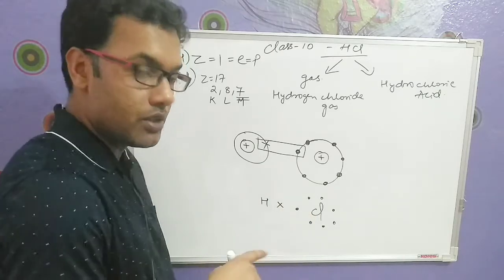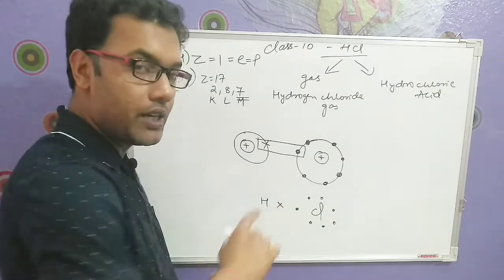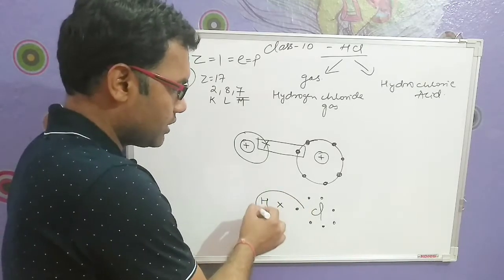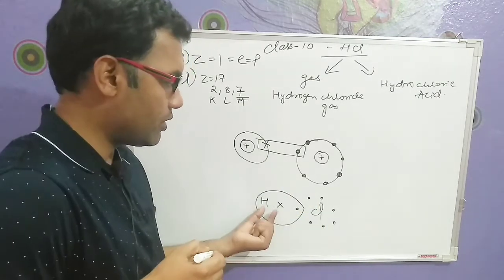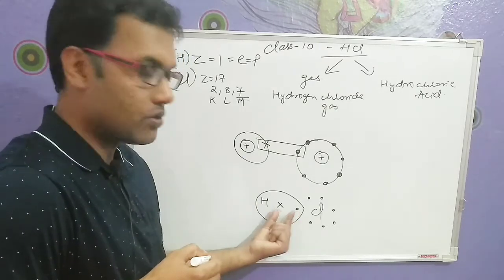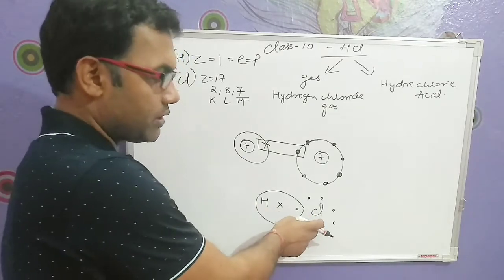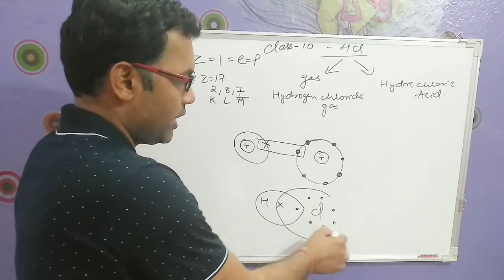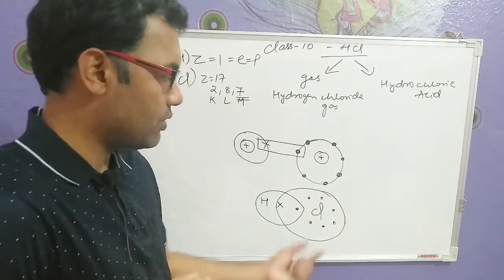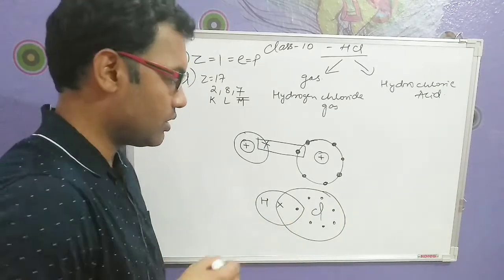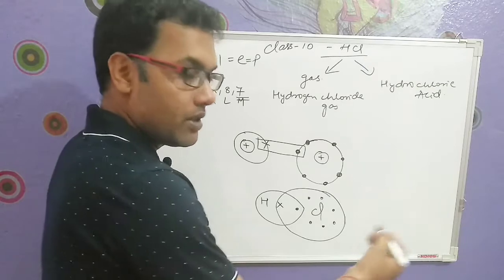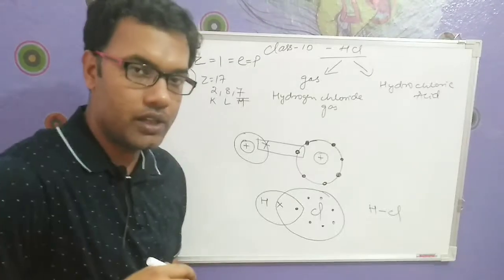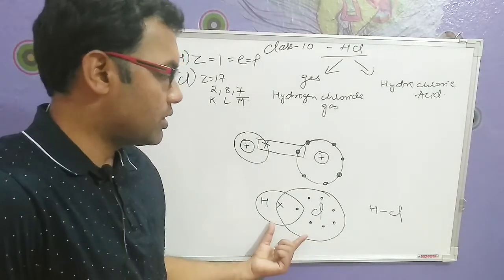Chlorine also wants to become stable, so it will take 1 electron from hydrogen. So there will be sharing of electrons, and I can draw the structure like this. For this hydrogen, 2 electrons are present, so it becomes stable. Now it's time for the chlorine to become stable, so I'll draw another circle, and this will be the combined state of chlorine and hydrogen. In a line diagram, if we want to write, this becomes H-Cl. Okay, so this is clear to you students.